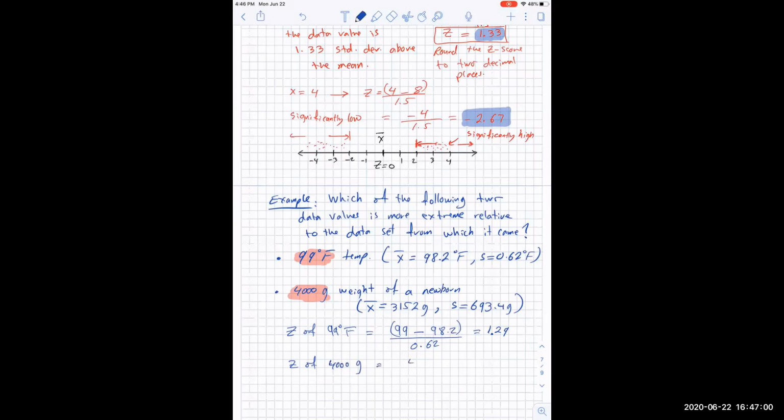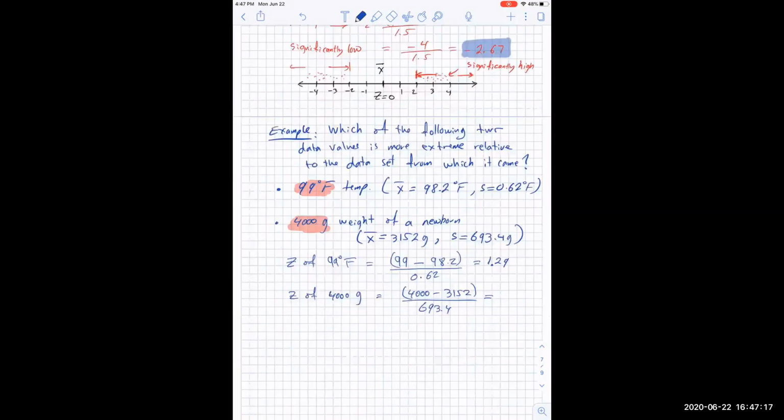So 4,000 minus 3,152, and then I divide by the standard deviation, 693.4. 4,000 minus 3,152 divided by 693.4 gives me 1.22.